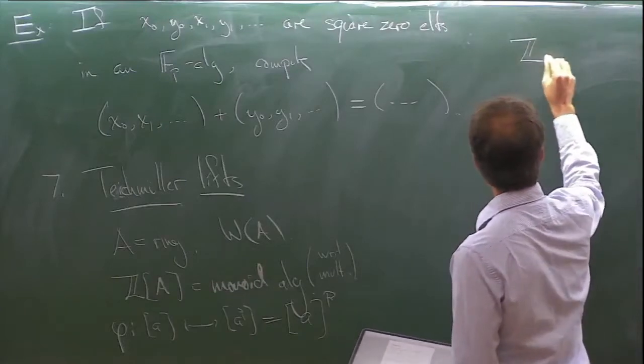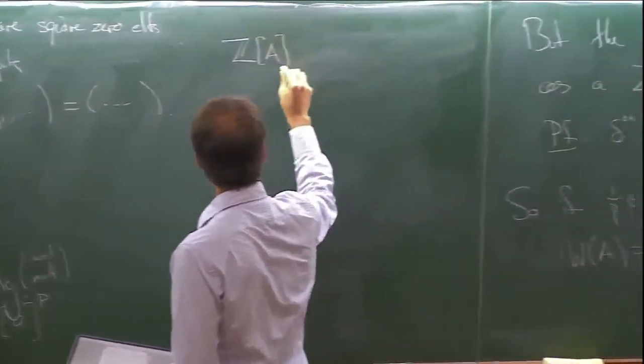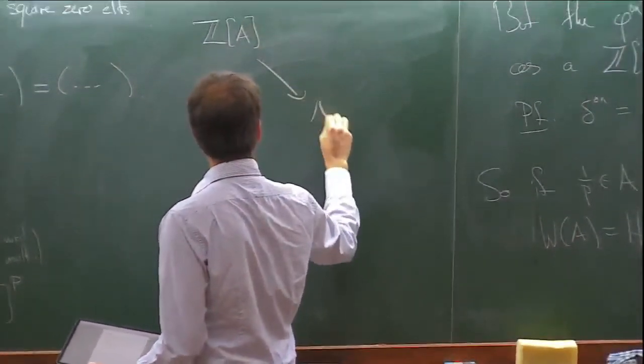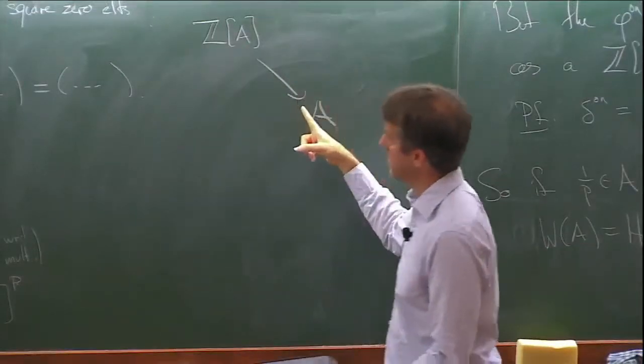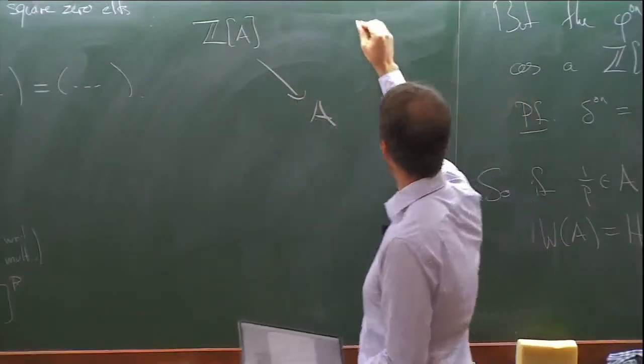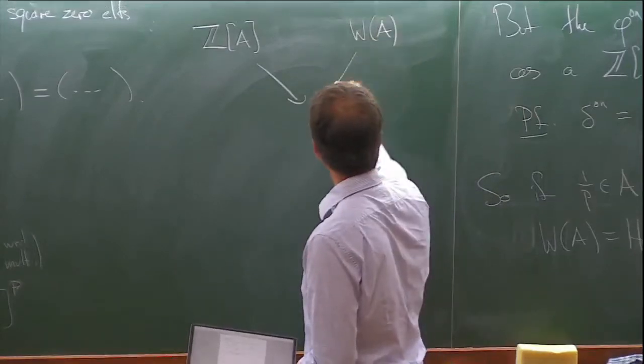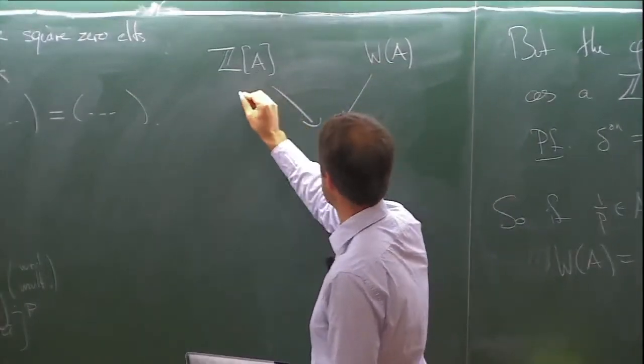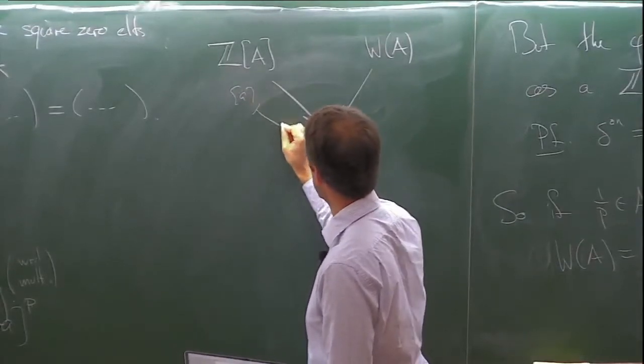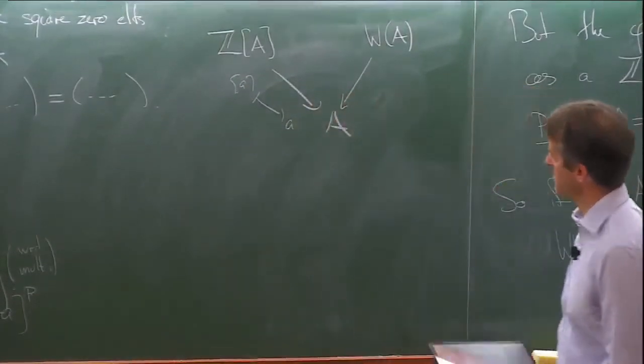So therefore, this is just the canonical, what do they call that map? Augmentation, or it's the one that sends the basis element A to A, which is maybe not the augmentation.